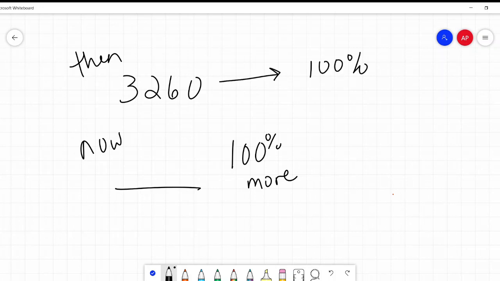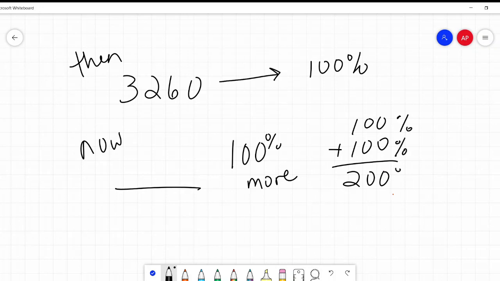They sold 100% more than that. So what percent did they sell? 100 plus 100 is 200. These are percents. 200%. So what are they asking us?